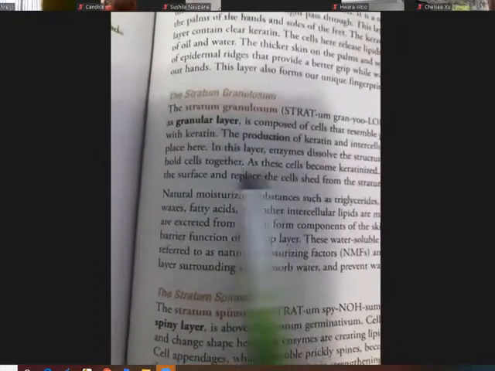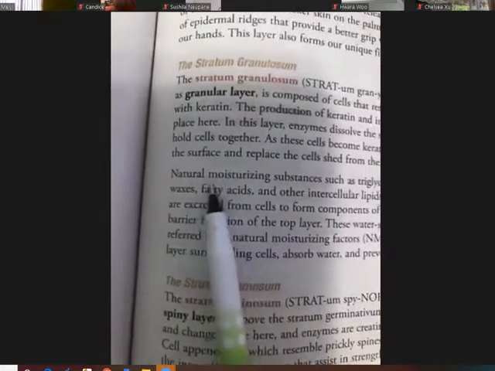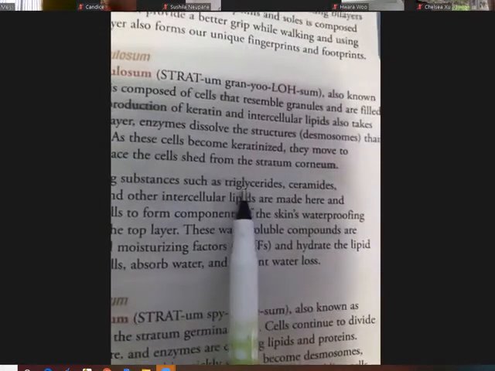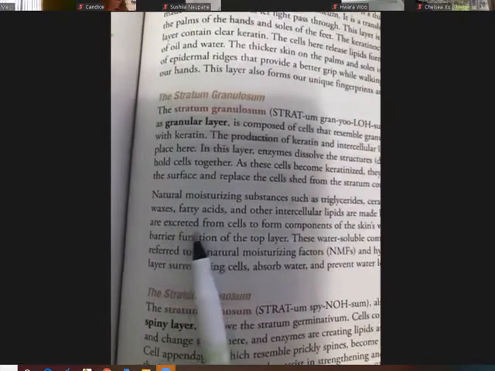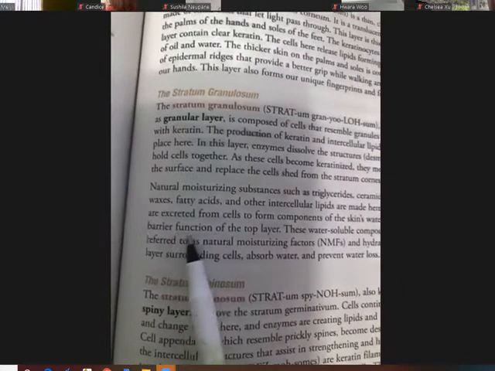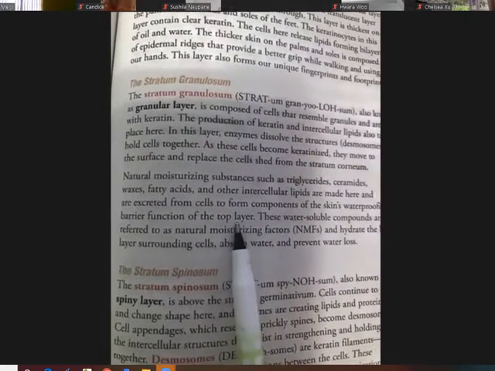Now, then we have this third layer, which is also where triglycerides, ceramides, waxes, fatty acids, and other intercellular lipids are made and are excreted from the cells to form components of the skin waterproofing function of the top layer.